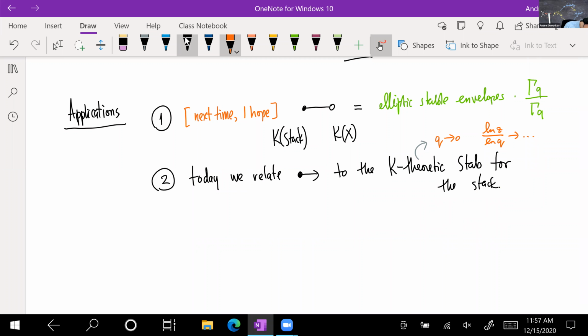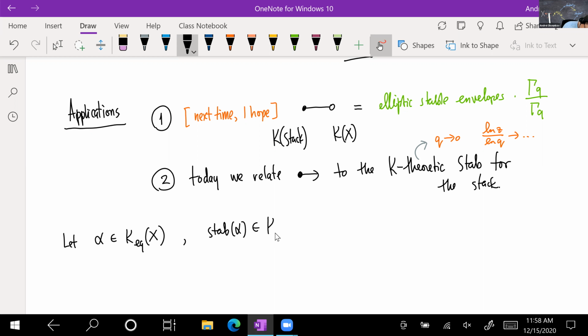So let alpha be a class in the K-theory, current K-theory of X, and then I take the stable envelope of alpha.